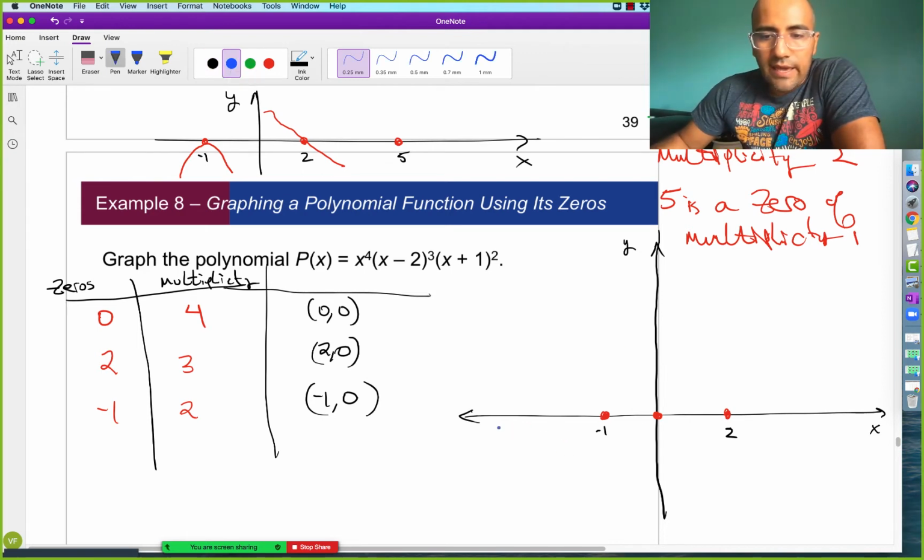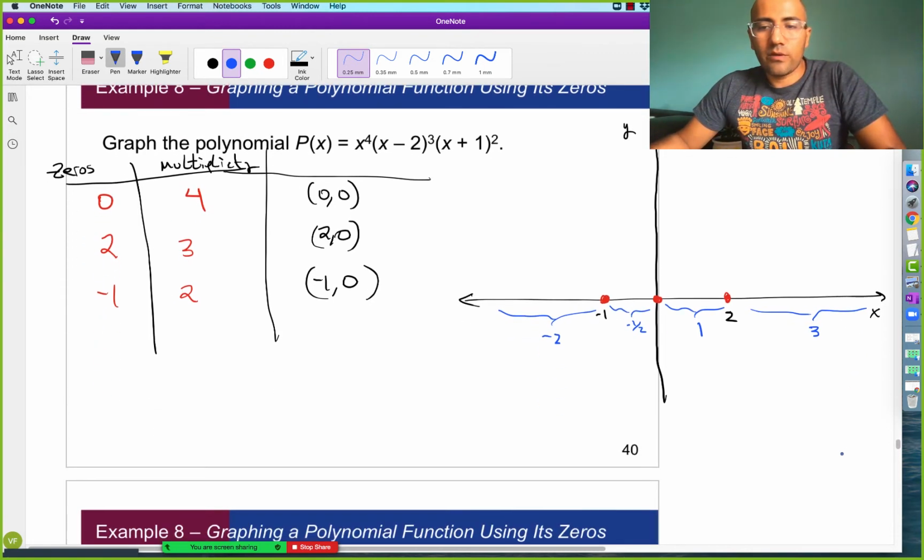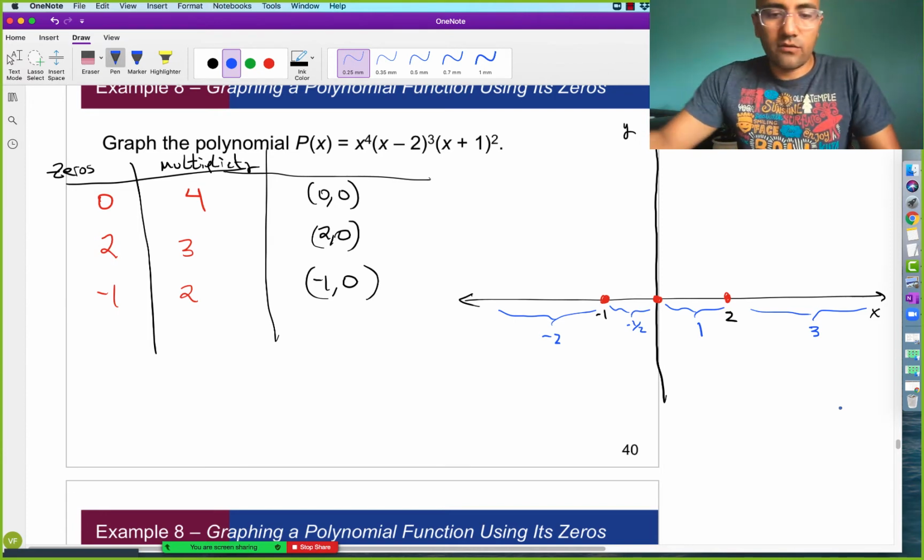Let's pick from over here -2. From in here, let's pick -1/2. From in here, let's pick 1. And from over here, let's pick 3. Good, so now I have to figure out what each of those values is in order to solve this.